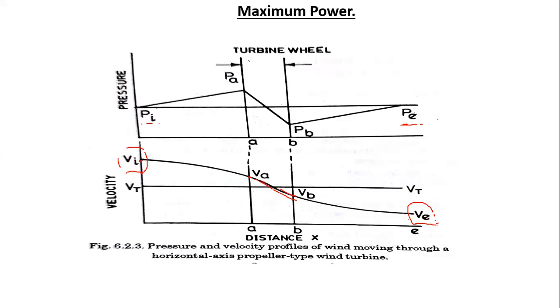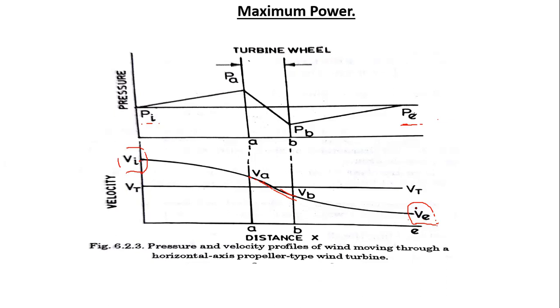Again here, similarly, where Vi will be gradually reducing to Va, here also Vb will be gradually reducing to Ve. So Vb will be greater than Ve.